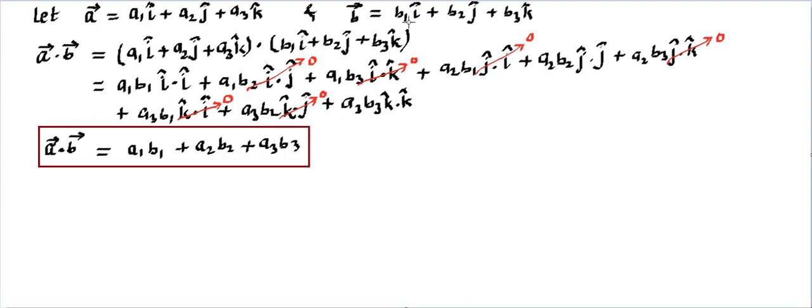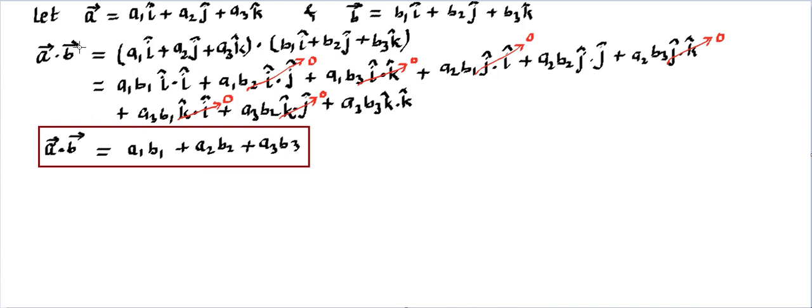That means when two vectors are given to us, we simply look at the coefficient of i and i, and they get multiplied together. Then we talk about the coefficients of j cap and multiply these two coefficients together, so a2 b2. Then we look at the coefficient of k cap and multiply them together, which becomes a3 b3. Then we sum all these products to get our answer.